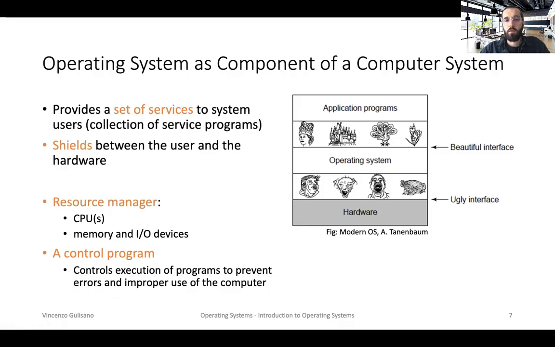And again, this you already saw last time. The operating system, as we said, sits in between the hardware and the applications. On one end, to sort of provide an easier or more beautiful interface, if you want, when you want to communicate with the hardware for input and output, to shield the user from the hardware, but at the same time, the hardware from the user, or if you want, a certain user from another user when these two or more users are using the same hardware.